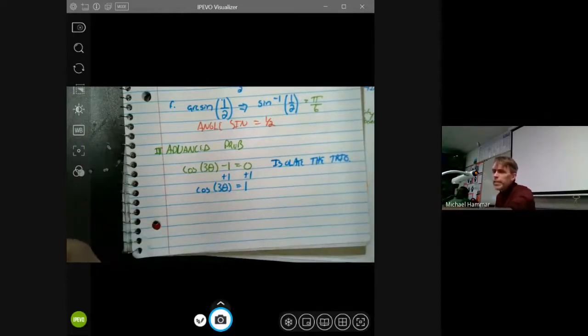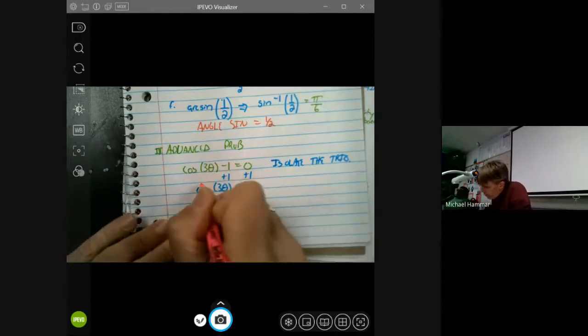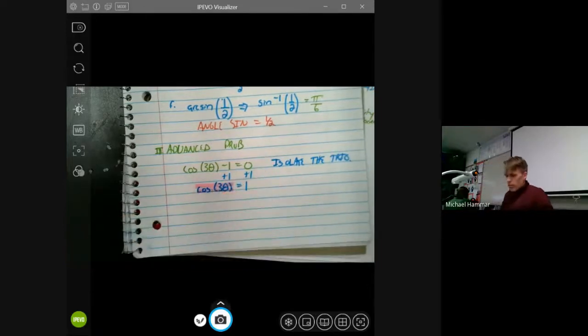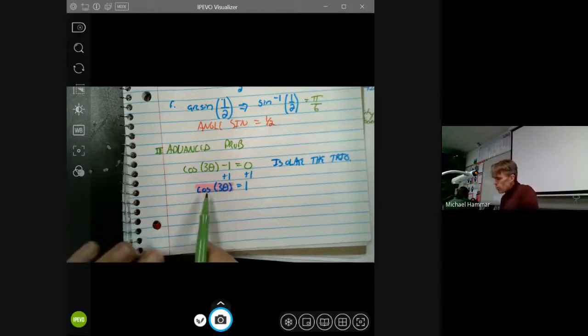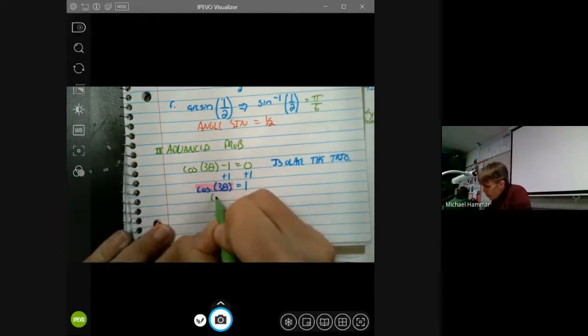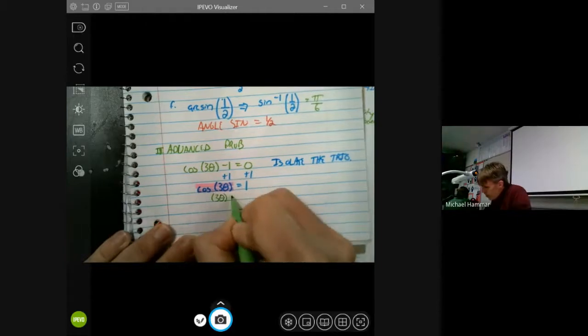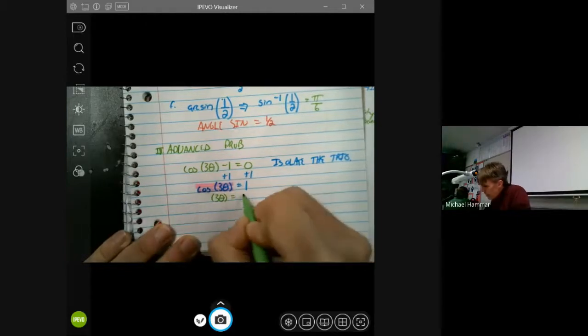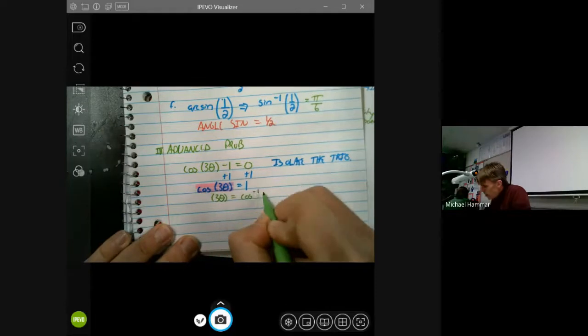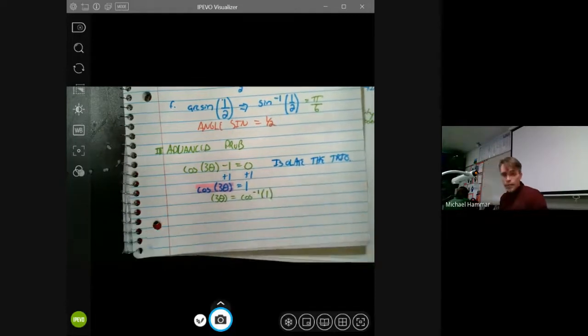Now, you need to ask yourself, we want to get 3 theta all by its lonesome. In order to do that, we have to take the inverse cosine of 1.